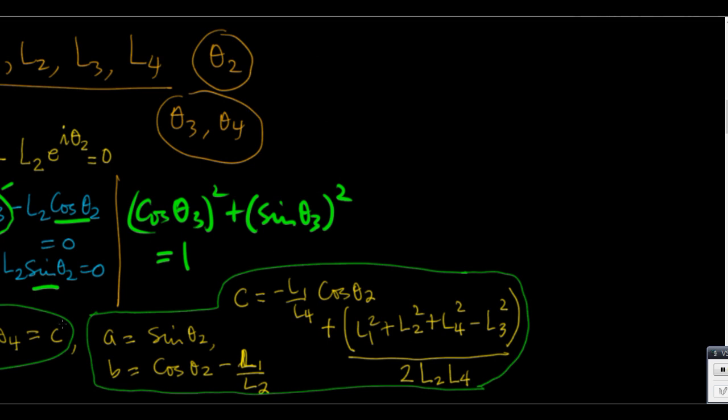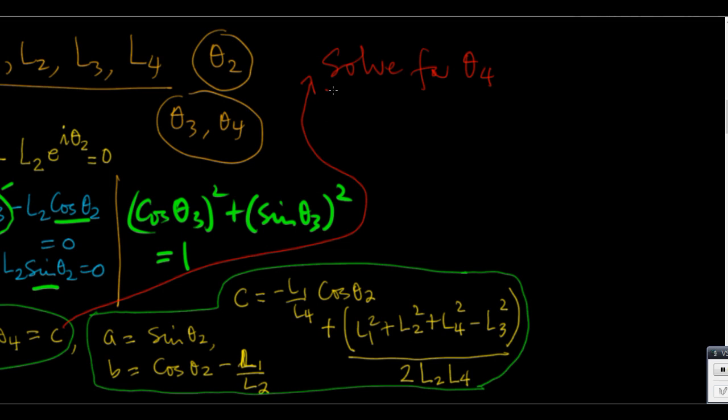This equation is to be solved. Let me mark it in red and put it here. This equation is to be solved for theta 4, and the way we do it, to avoid some false solution branches which we would then have to eliminate, is we use this identity.